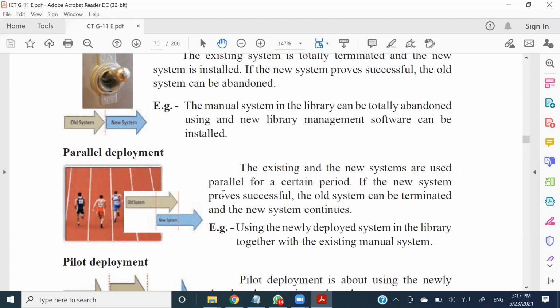Now if you take the same example, replacing the sign-in book with a fingerprint machine. If the fingerprint machine is deployed according to parallel deployment, the project team will ask you to maintain the sign-in book as well as inputting the data into the fingerprint system.